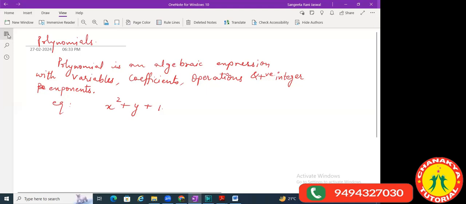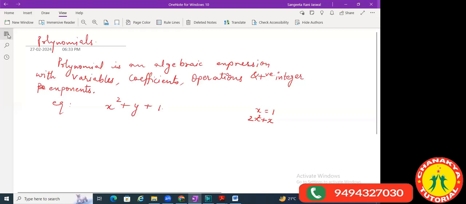Okay, so polynomial means when there are multiple terms, we call it a polynomial. If there is only one term in an equation, we just call it a monomial. If there are two terms, we call it binomial. If there are three terms, we call it trinomial.